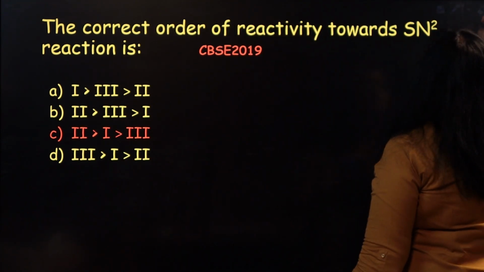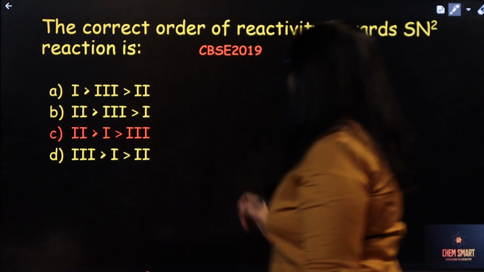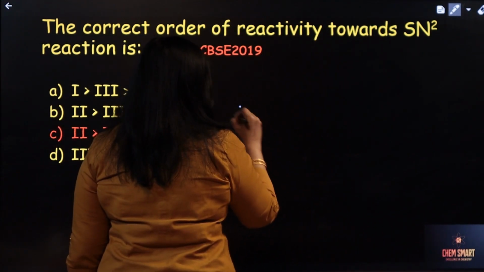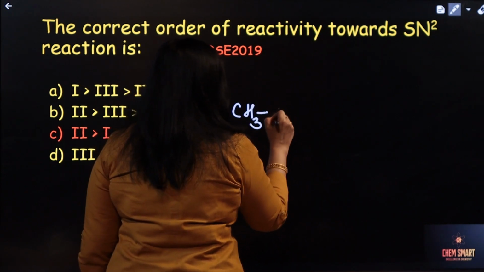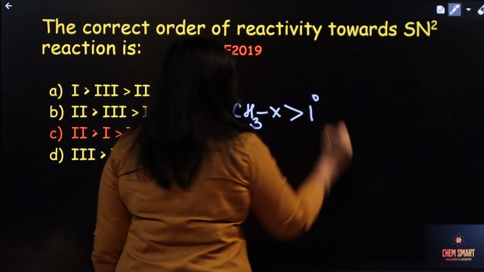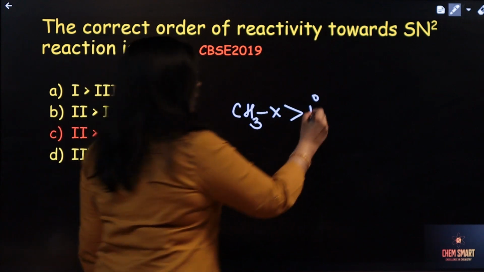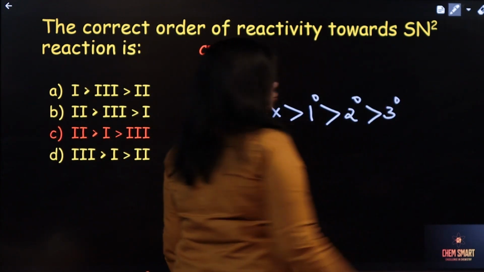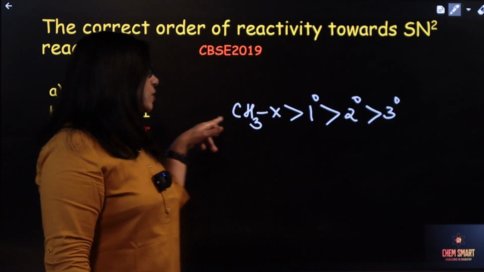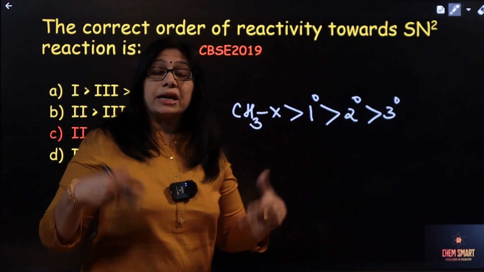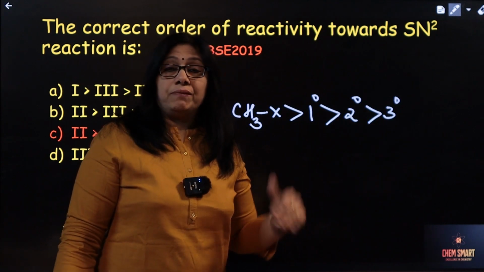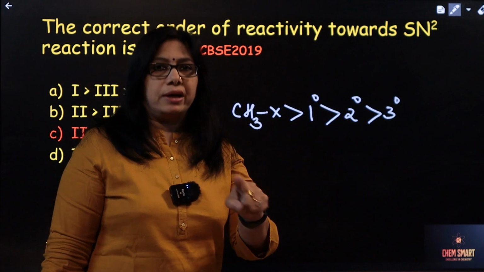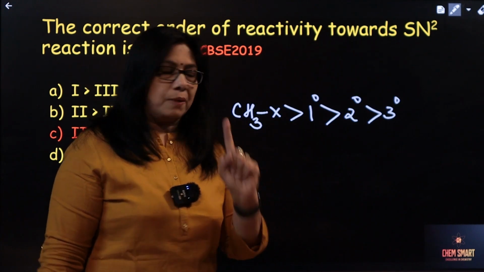It is methyl halide greater than primary alkyl halide, greater than secondary, greater than tertiary, because this is the order in which the steric hindrance increases. When steric hindrance increases around the electrophilic carbon, reactivity will decrease.